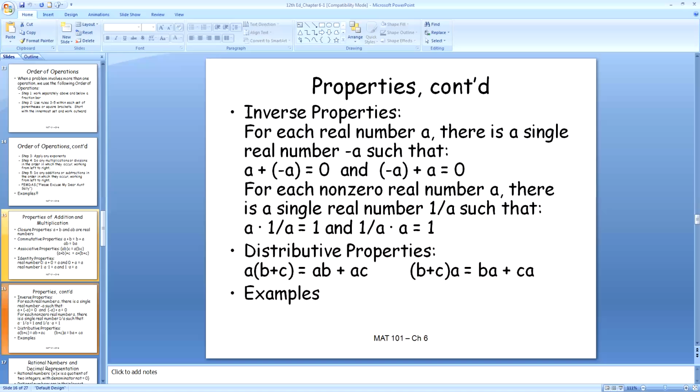For each real number A, there's a single real number negative A, so that if you add them together, here's your inverse, additive inverses again. A plus negative A is 0, and negative A plus A is 0. And for every non-zero real number A, there's a single real number 1 divided by A, such that A times 1 over A equals 1, and 1 over A times A equals 1.